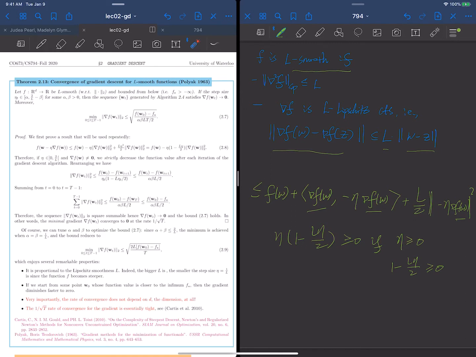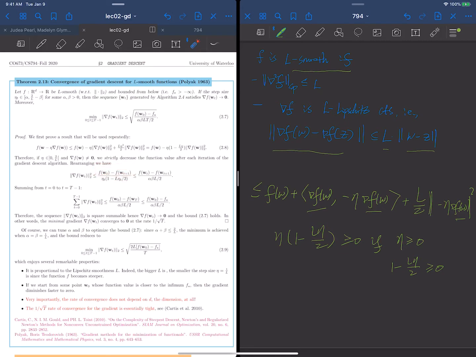So, good, we are decreasing the function value. And now, let's rearrange the inequality we have. Let's just move this term to the left, move this term to the right, and then you will realize we arrive at this. Nothing fancy, just rearrangement. So now what I want to do is telescoping, right? You realize that we have this term in the numerator.